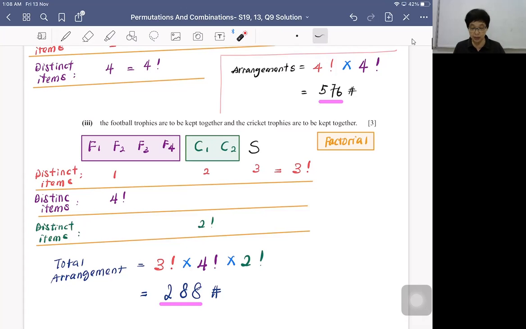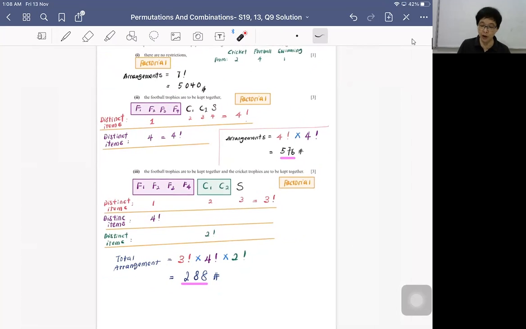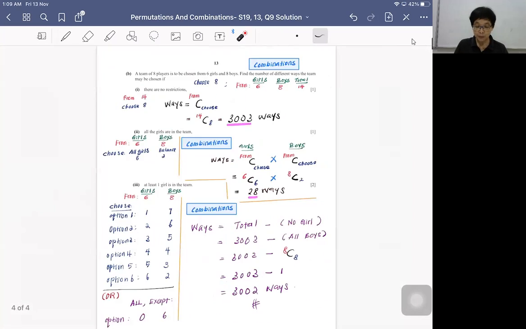Then with the assistance of the calculator, yes, you are going to see 288 different ways of arrangement that Jack is going to have. Okay, so far so good. All right, let's move on to the next page.